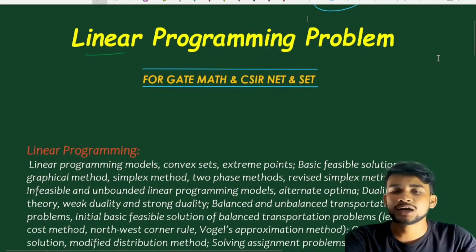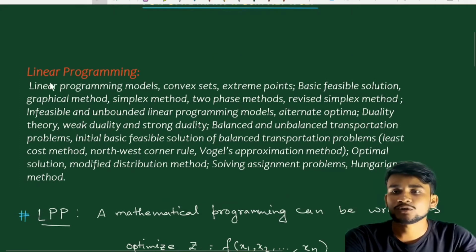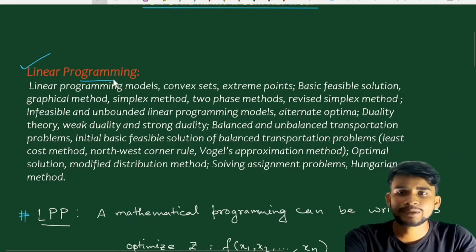So first we see the syllabus of LPP in the GATE exam.